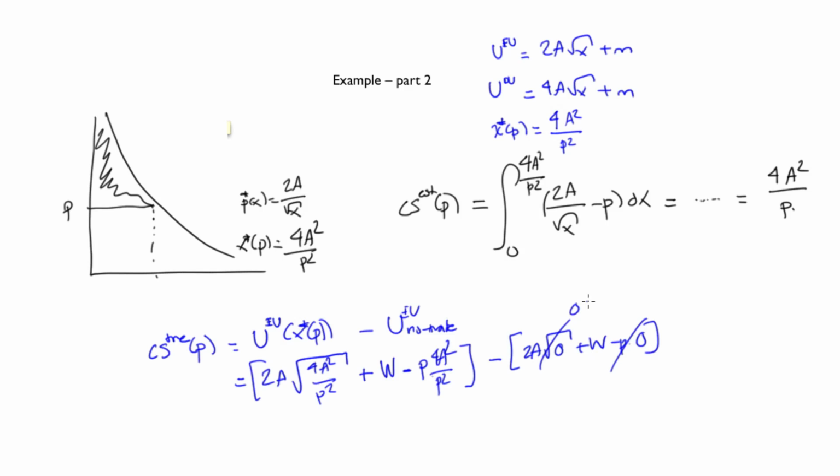So this is 0. This cancels with that, and we get that the true consumer surplus is that, but if you do the math, that is equal to 0. So this is beautiful. In reality, given how the subject is behaving, its true consumer surplus, as measured by its true experience utility function, is 0.